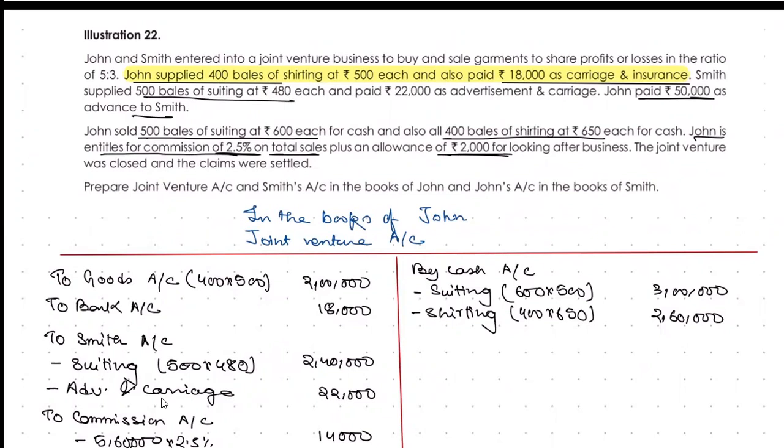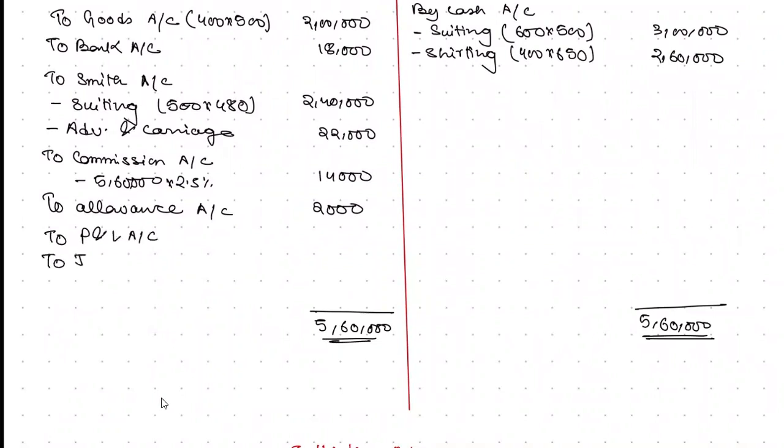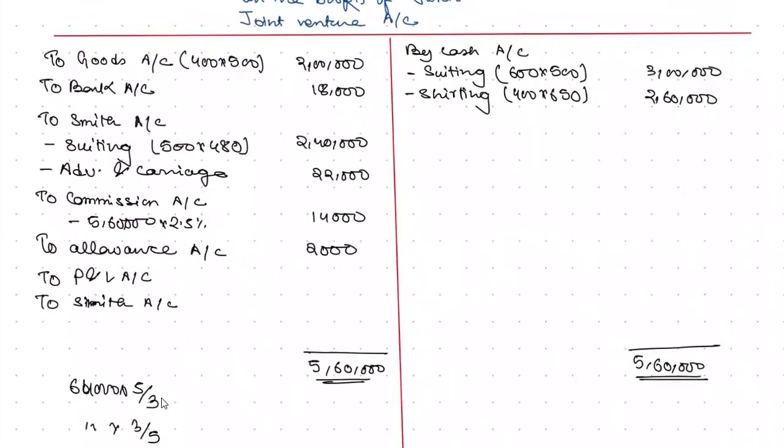If nothing is left, we can calculate the profit and loss. By looking at it, it seems to be a profit. Tell me how much the profit is. One will be to profit and loss account, and one will be to Smith account. The total is 64,000. So 64,000 into 5/8 and the same into 3/8. John's share was 5/8 and Smith's 3/8. So 5/8 is 40,000 and the rest is 24,000.